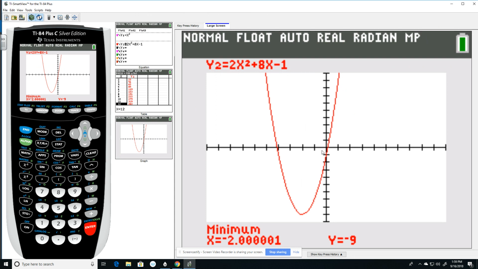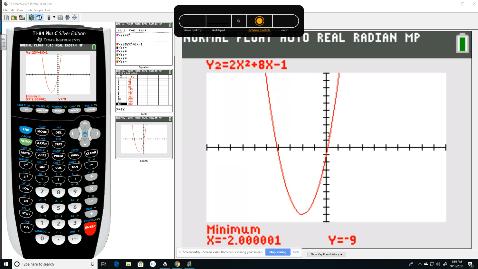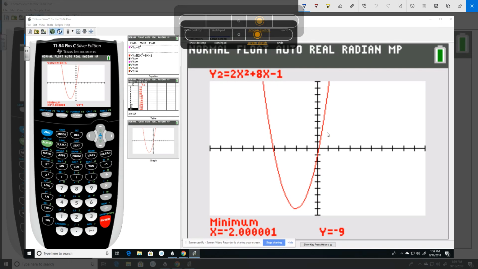If I look at my graph, this is the y-axis right here. And if I look at where I cross my y-axis, it happens right about at this point. And that point isn't to the right, it's not to the left. It's exactly on the y-axis, which means that my x is going to be 0. So you're looking to find the y-intercept, we want x to equal 0 because that's where it crosses.